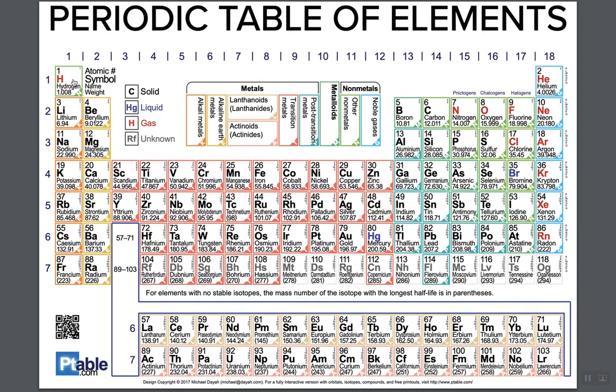You should probably also be able to tell me where the alkali metals are located, where the alkaline earth metals are located, where the halogens are, and where the noble gases are, and then just be able to understand that boron, carbon, nitrogen, and oxygen, those families are named for those elements that are at the top. So the boron family, the carbon family, the nitrogen family, the oxygen family. You should be able to locate all of those when asked.